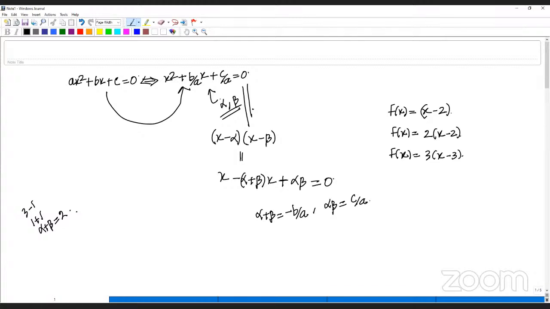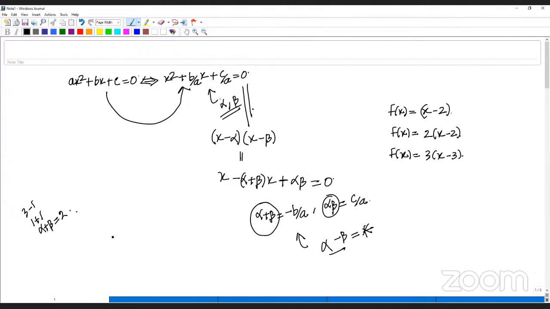It depends on the equation. If you know alpha plus beta and you know alpha into beta, then from there you can compute alpha minus beta. Once you know alpha plus beta and alpha minus beta, you can get the values of alpha and beta.